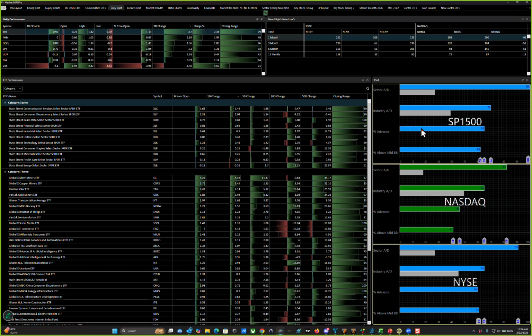I think this percent advance is an important tool and one that I'm checking a lot during the day, especially if it's divergent. By divergent, I mean if the market's down and the percentage of advances is going higher, that's a pretty bullish sign. If the market's up and the percentage of advancers is reducing, that's obviously not a bullish sign.